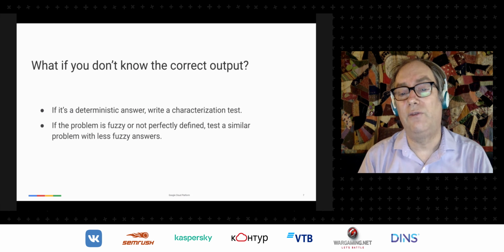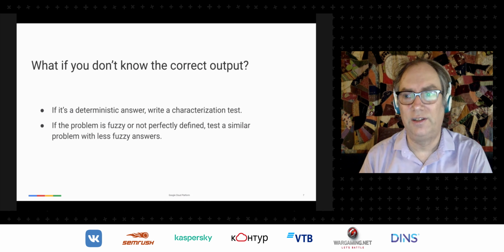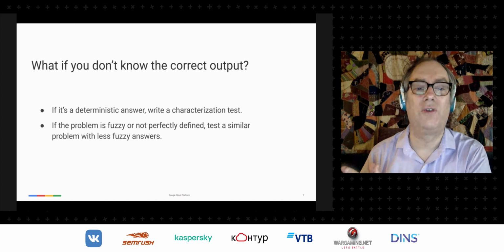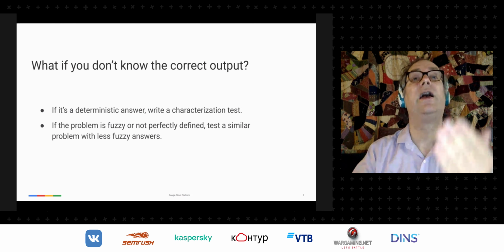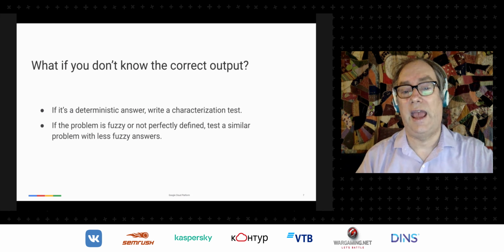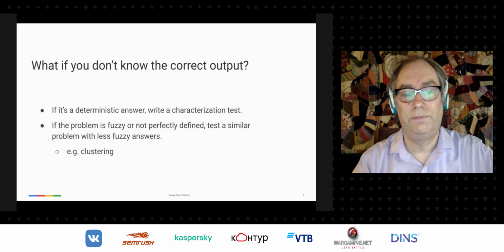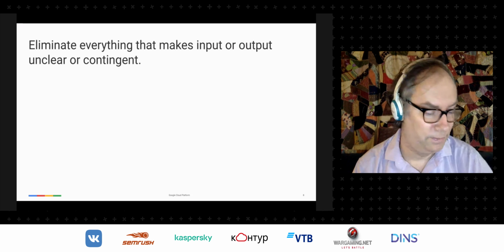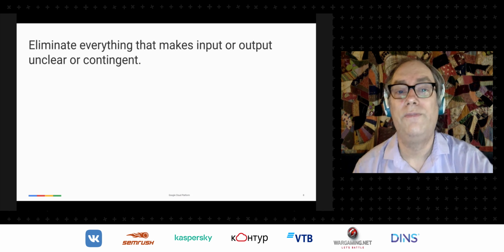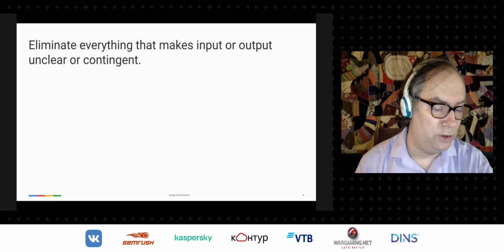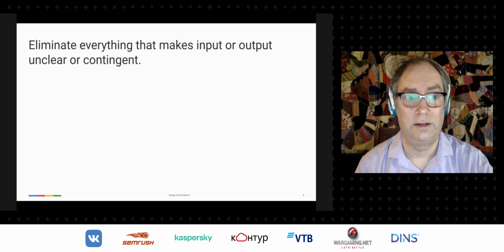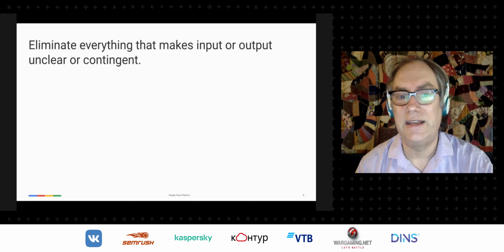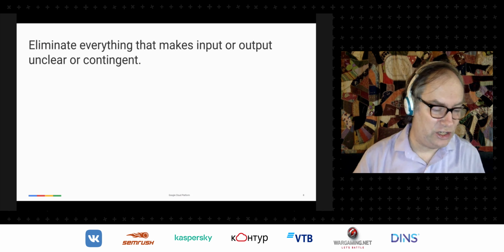But regardless of what the problem is, ask yourself, what's the input? What's the output? Send the input into your program, usually into a single method or function. Sometimes it's slightly more complicated than that. Get the output back out. And then you'll be in good shape. It is important for this to work to make sure that the input and output are really, really clear and that they're not dependent on anything that changes.